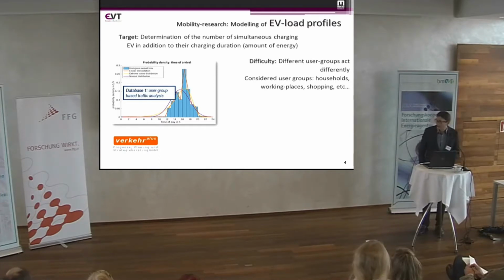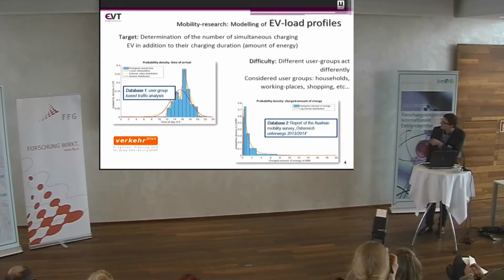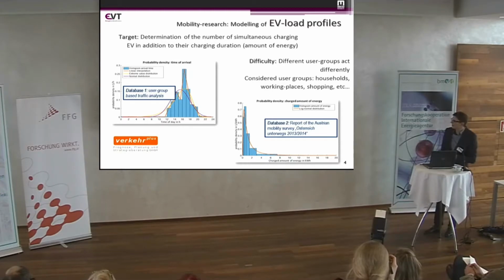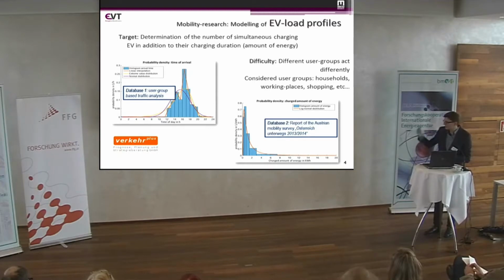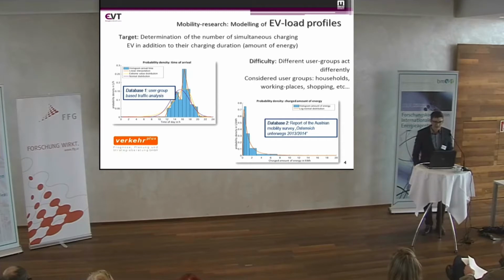This user group based data was then combined with data from mobility, how far the various distances the different user groups were driving are, and out of these two numbers, it was possible to calculate EV load profiles. Those EV load profiles were the basis for grid planning.